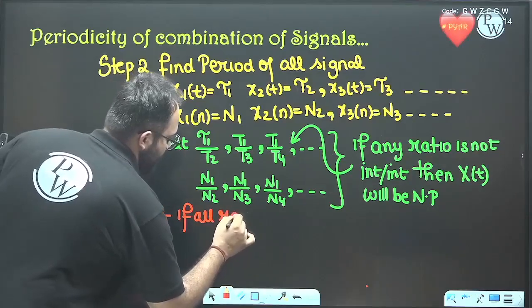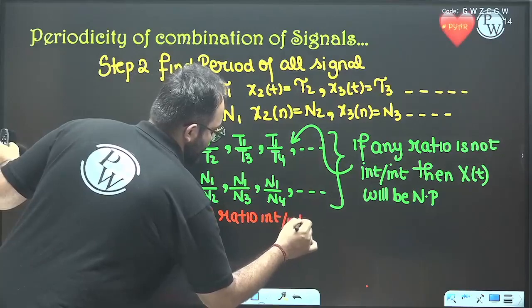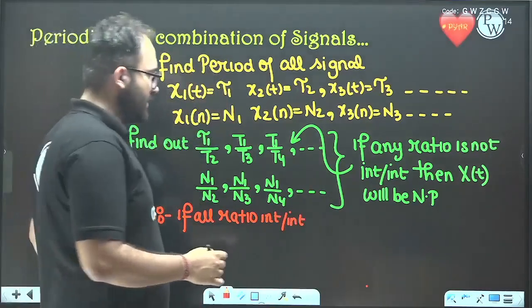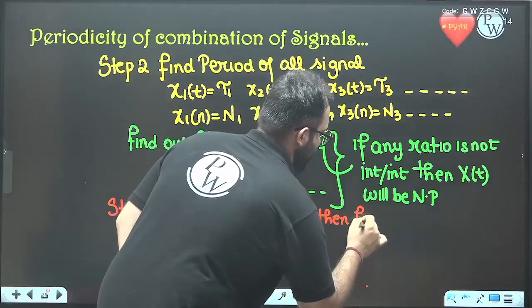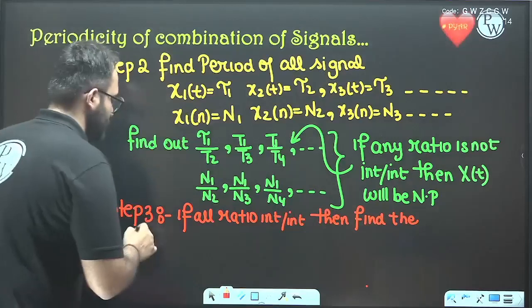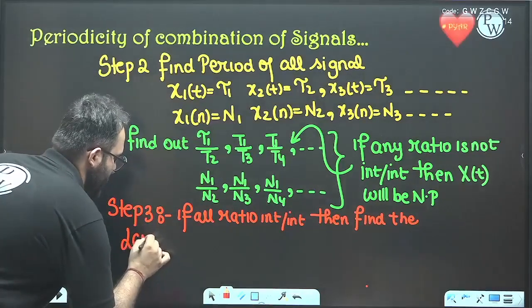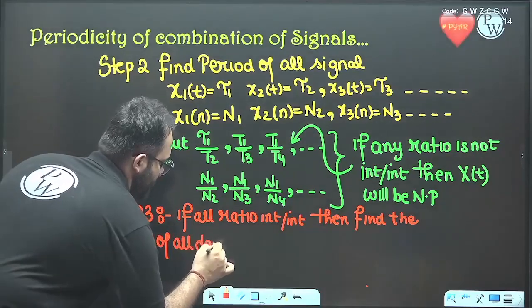If all ratios are integer upon integer, then find the LCM of all denominators.